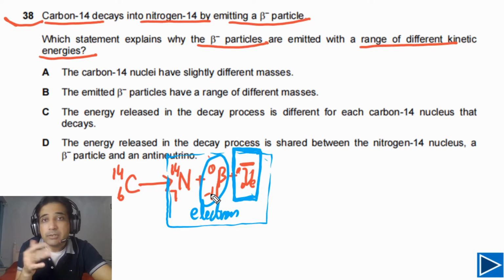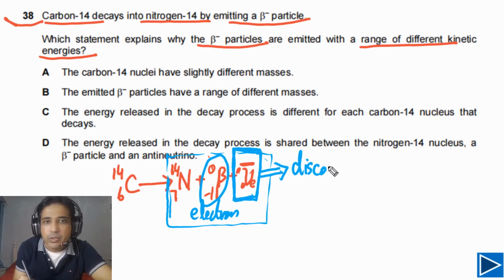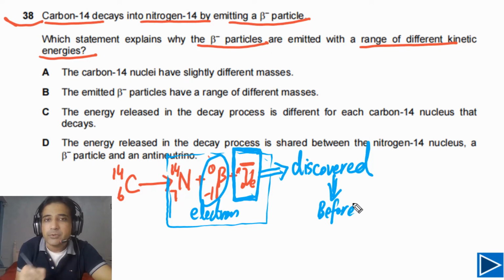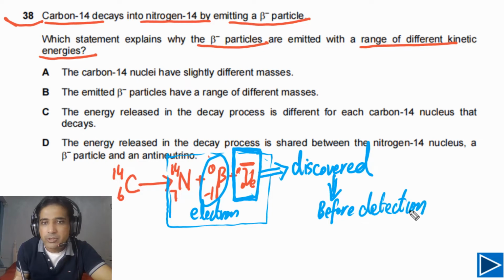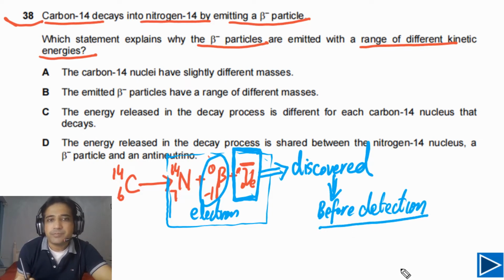Then there was a theory that there is another particle, and that particle was the neutrino, in this case the electron anti-neutrino. So this is how the neutrino was discovered before it was detected. Before detection, theoretically we discovered there must be another particle, and later this neutrino was detected as well.